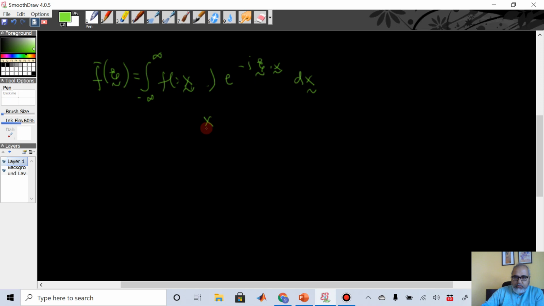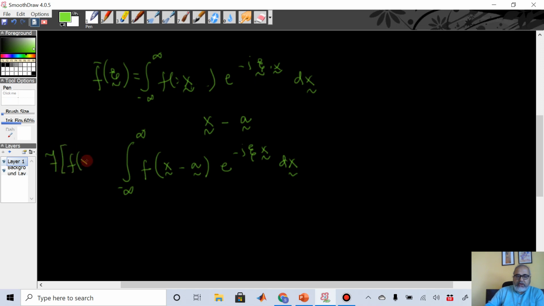So now if you define a new function in terms of f(x minus a), then the integral of f(x minus a) e to the power minus i zeta dot x dx is the Fourier transform of f(x minus a), where obviously a is a constant vector which is of the same size as x.